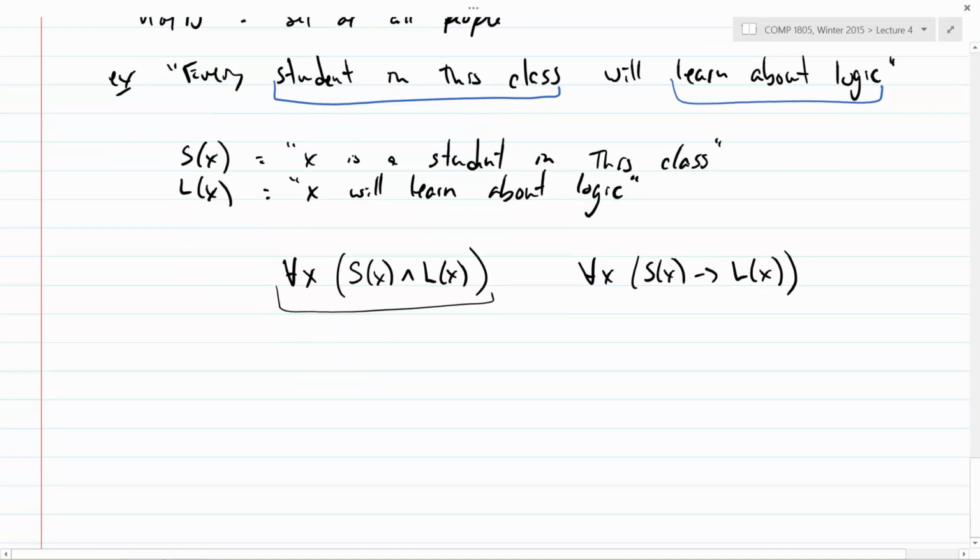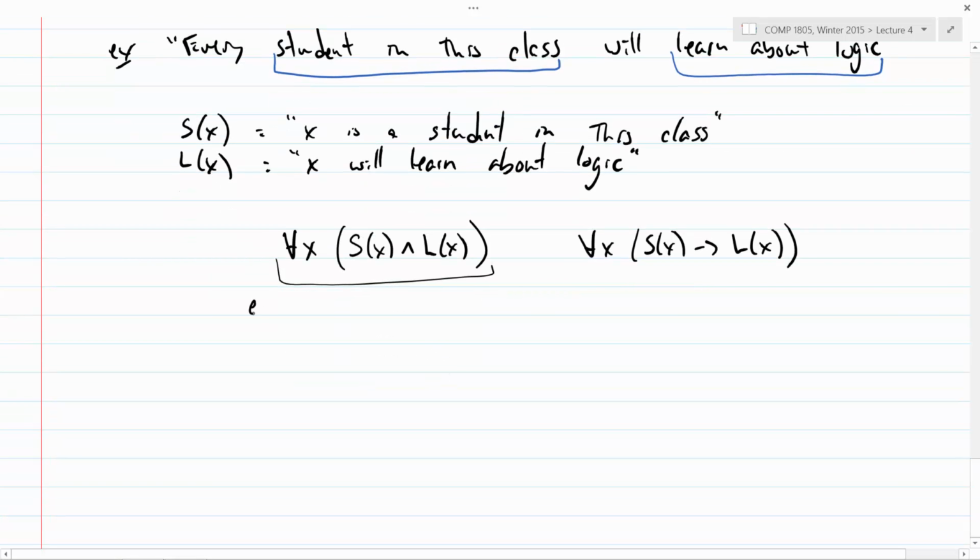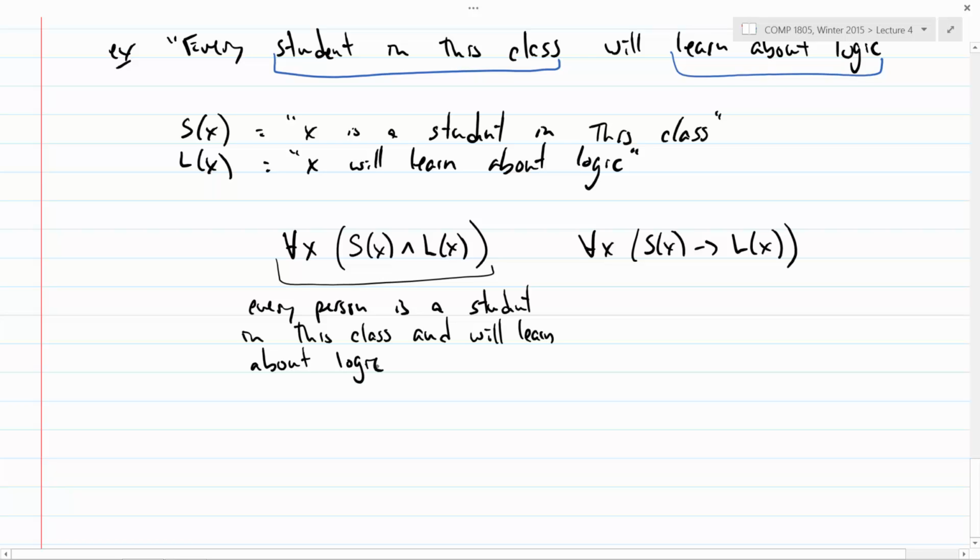All right? So the sentence on the left says, every person is a student in this class and will learn about logic. Okay?